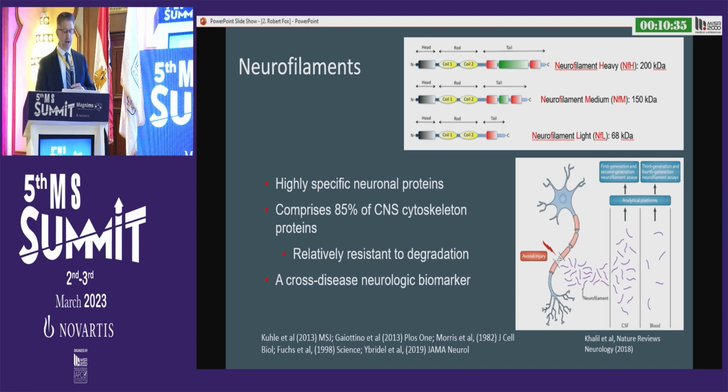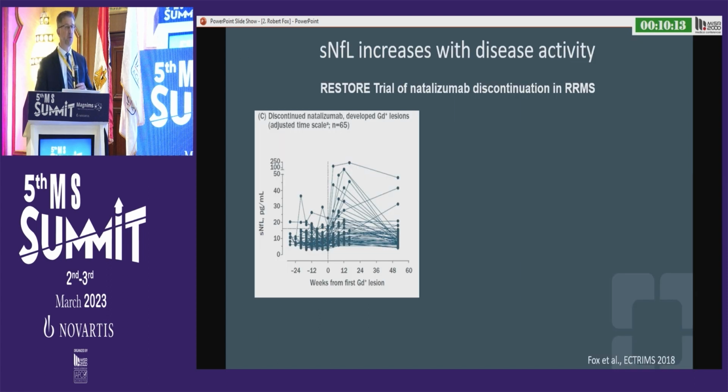So they become a cross-disease neurologic biomarker of any CNS or peripheral nervous system injury: traumatic brain injury, stroke, epilepsy, seizures, so any sort of insult to the brain can be captured through its release of neurofilament.